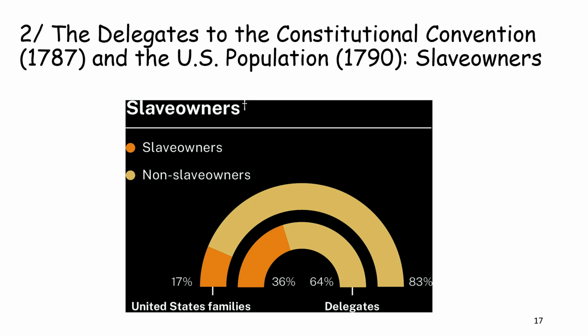So slave owners were only about 17% of the population. And yet they were over 1/3 of the delegates. Okay, so slave owners were overrepresented at the Constitutional Convention.